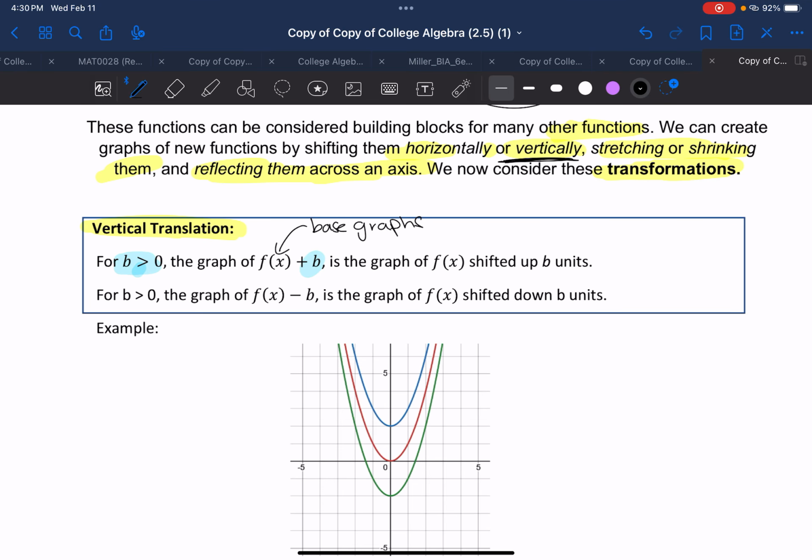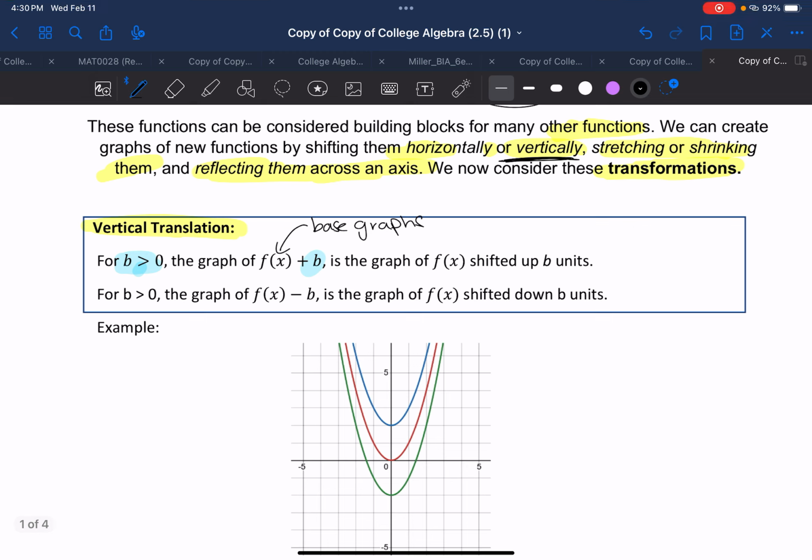So for example, I'll show you this example down here, but it could be x squared plus some number, or the square root of x, and then plus some number, but one of our base graphs, that's what they're talking about with the f of x.